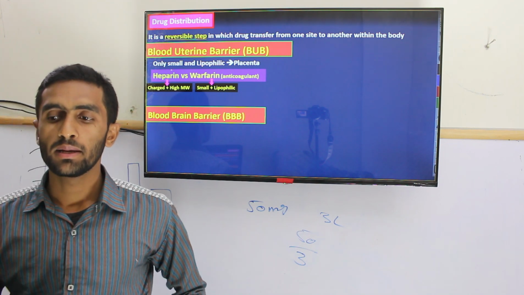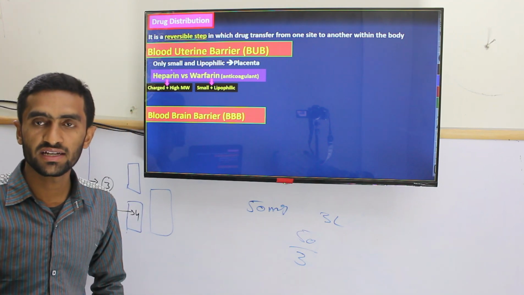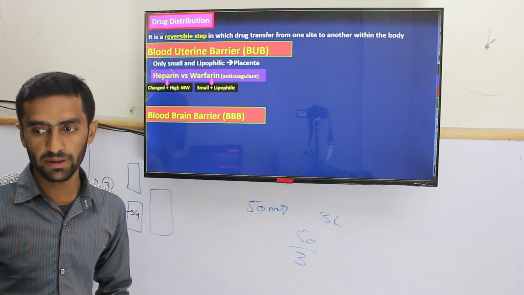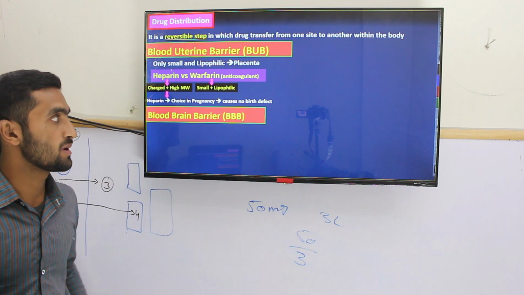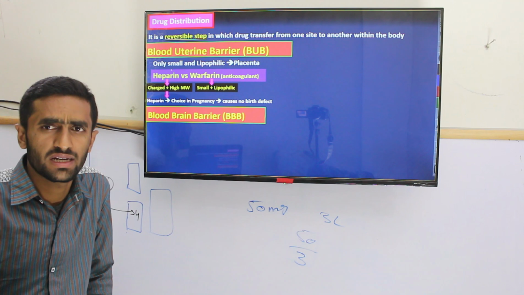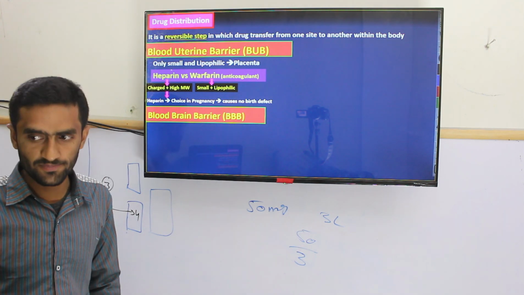Why heparin? Because heparin is high molecular weight and charged, it cannot go into the placenta, and it doesn't affect the baby. That's why heparin is chosen in pregnancy; it causes no birth defects, because we don't want anticoagulation, or bleeding, in the baby.